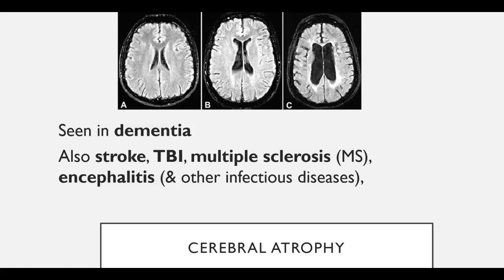You also see that the ventricles look so much larger because there's much less tissue surrounding it. So you also get a hydrocephalus as well, a change in pressure in the ventricles because of this decrease in mass of the brain.